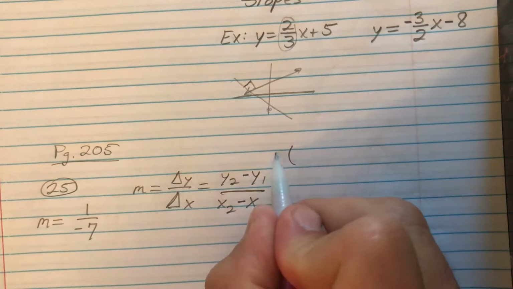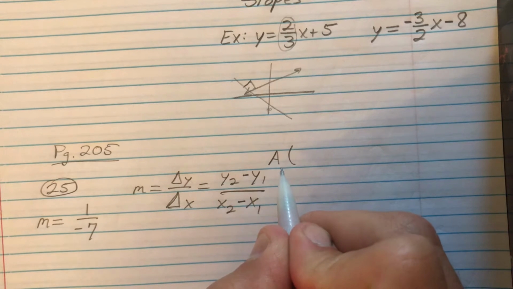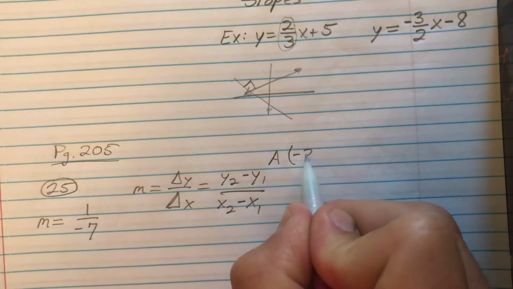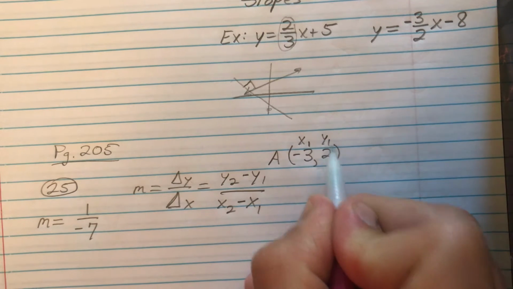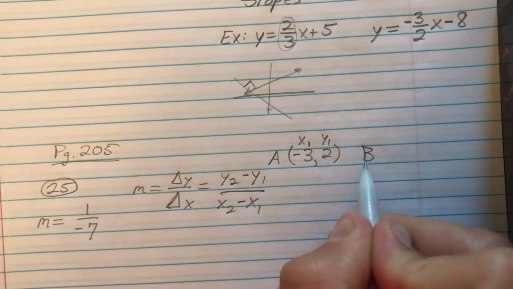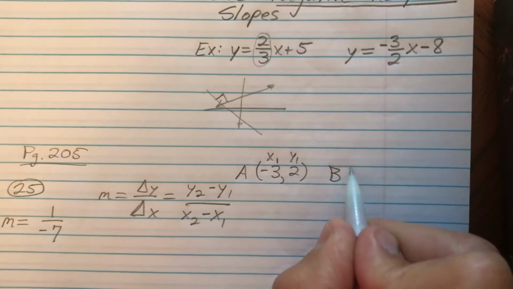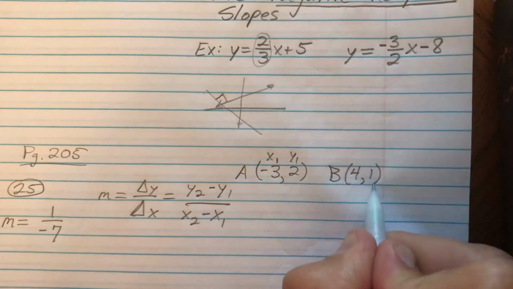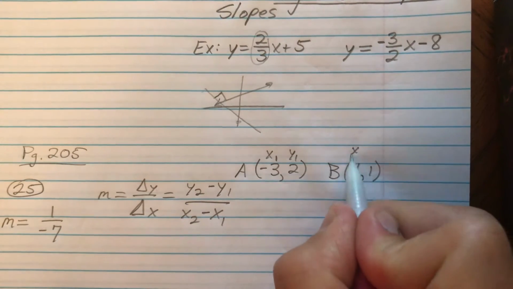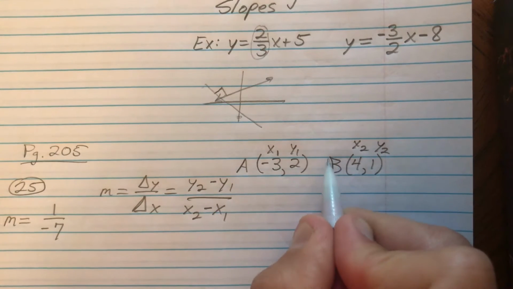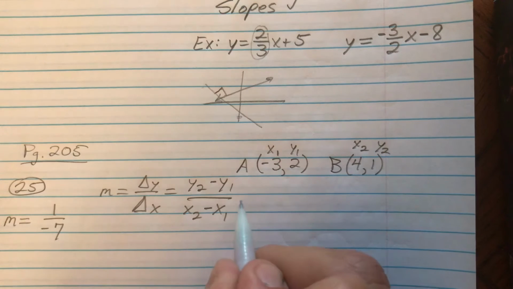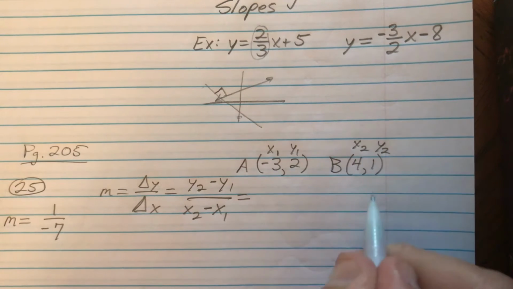So point A on the picture is -3, 2. Since that's the first point I wrote down, that's going to be x1, y1. And point B is 4, 1. Now again, please take my advice. This is the most important thing. Write out your points and label them, because students very often plug in the numbers wrong.